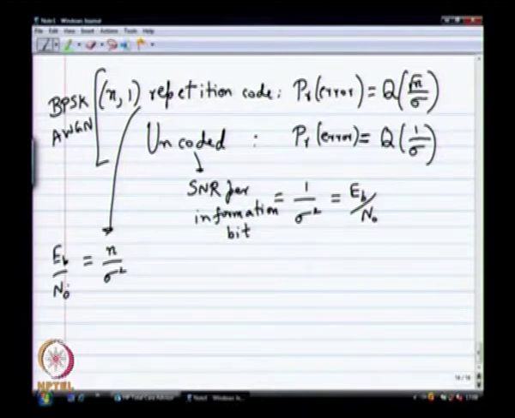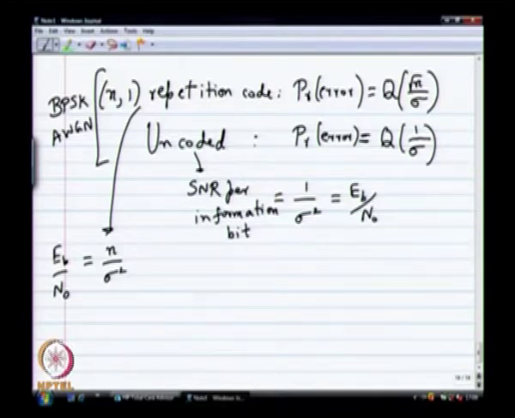It turns out if you express probability of error in terms of Eb over N naught, you will get the same answer for both. Instead of expressing in terms of sigma, if you express it in terms of Eb over N naught, you get simply Q of square root of Eb over N naught. So if you are constrained by SNR per information bit, which is what you will be constrained by in most cases, repetition code does not buy you any advantage in probability of error.